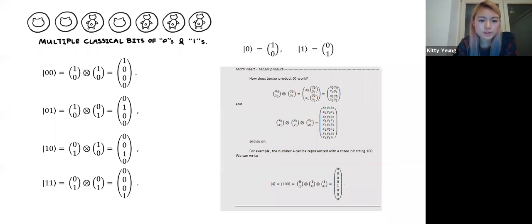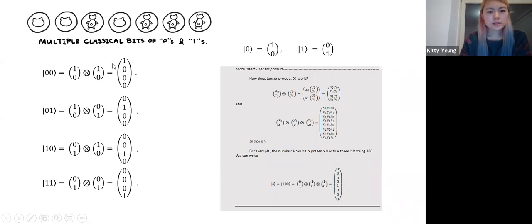But using vectors makes the representation very easy later on as we get more into it. Simply looking at this, you can also see that if we have 2 bits, then that's 4 possible configurations, 4 possible ways to represent the 2 bits: 0 0, 0 1, 1 0, 1 1. There are no other possibilities.